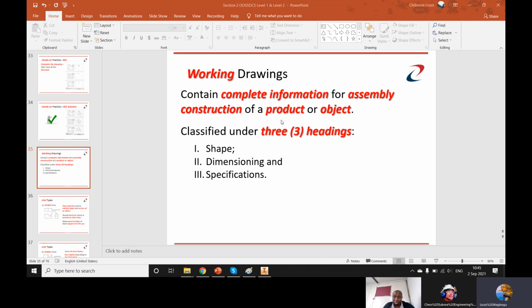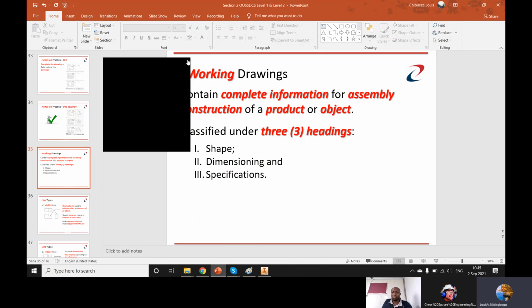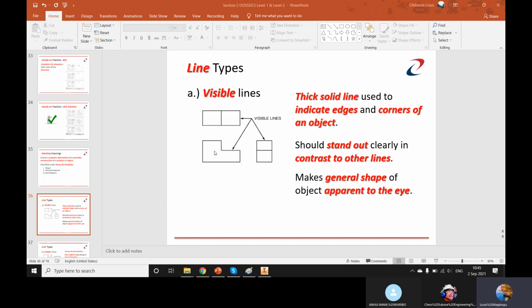So let's move on. Working drawings. Working drawings now contain the complete information for assembly construction of a product or object. They are classified under three headings: the shape, dimensioning, and specifications.